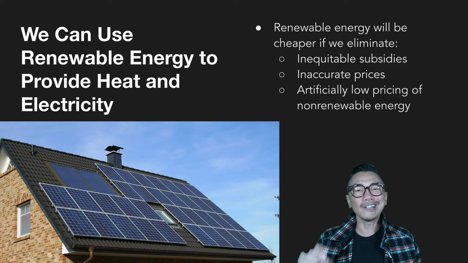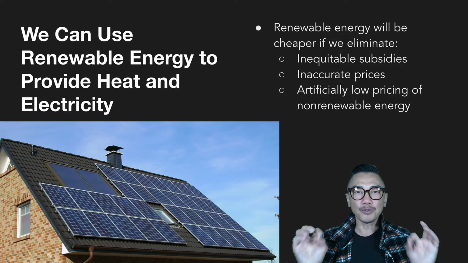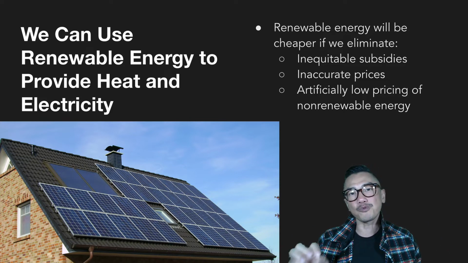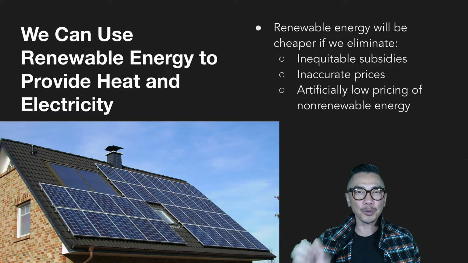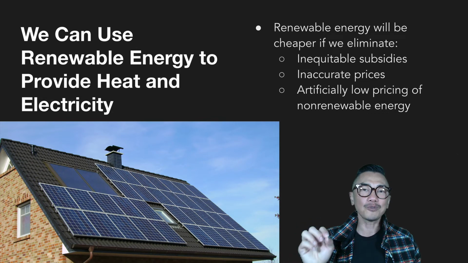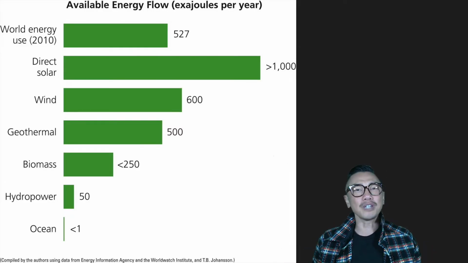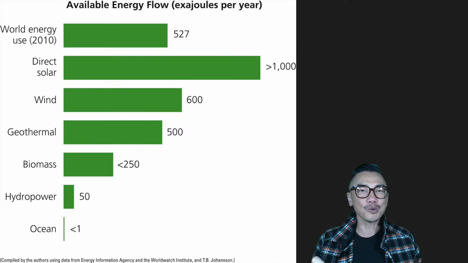Renewable energy, like solar, is becoming more and more competitive with non-renewable energy sources. Renewable energy will be cheaper if we eliminate inequitable subsidies, inaccurate prices, and artificially low pricing of non-renewable energy. This graph shows the potential of renewable energy sources.